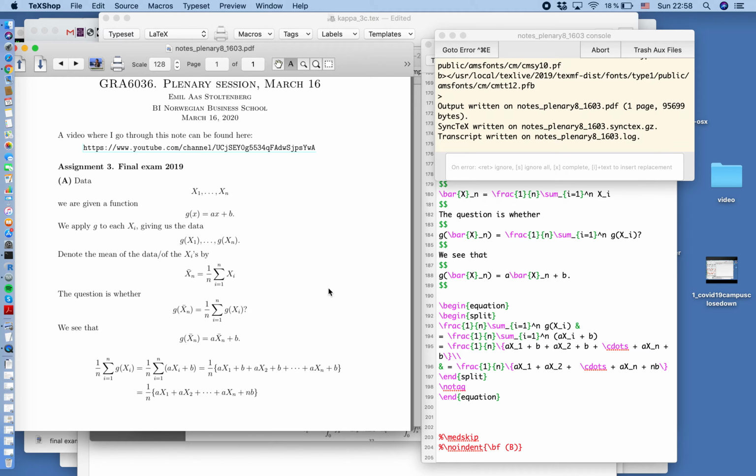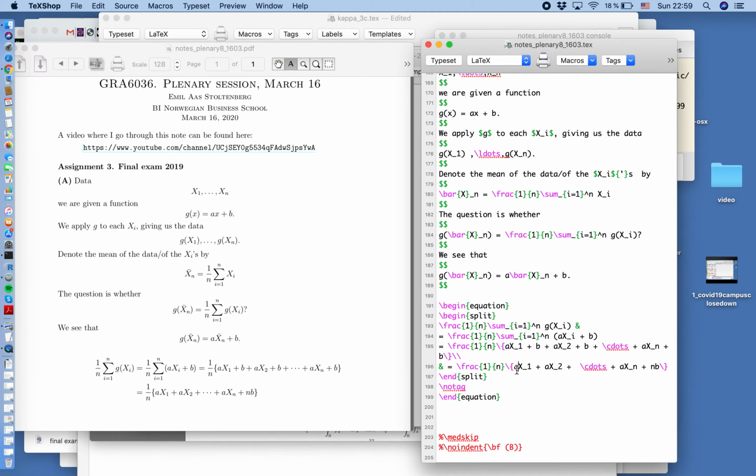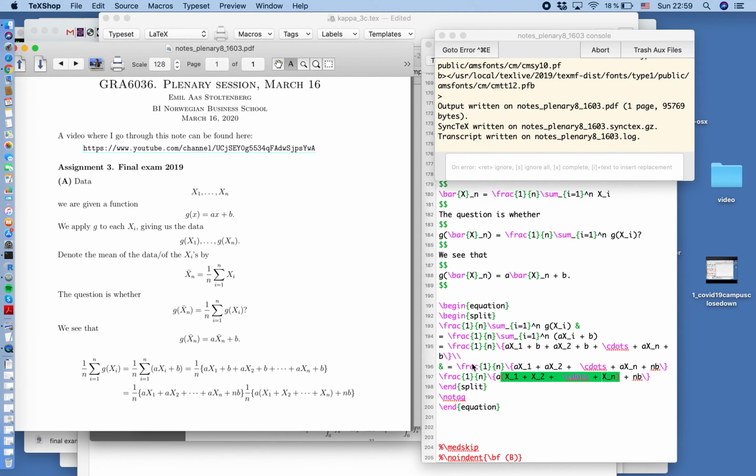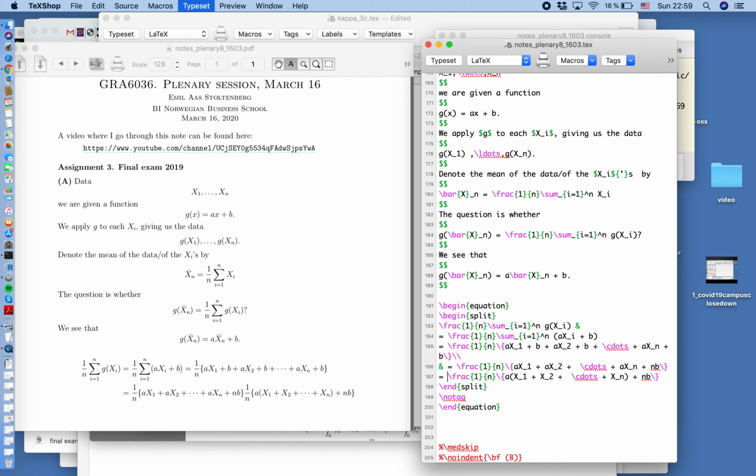So here we see that a is common to all these x's, so we can wrap the x's into a parenthesis and take the a outside. So let's do that. So that means that we take a parenthesis here, and remove this one, and that one, and end the parenthesis. And we should have an equality here.